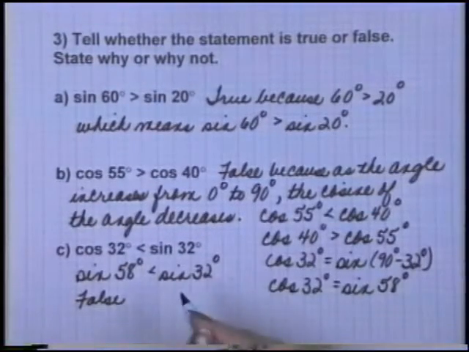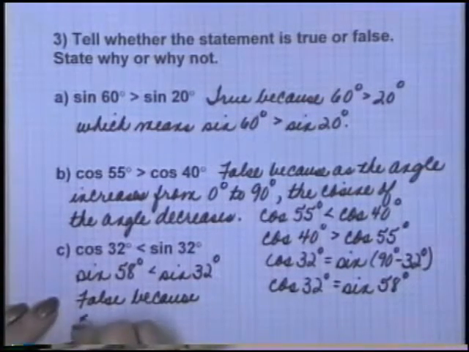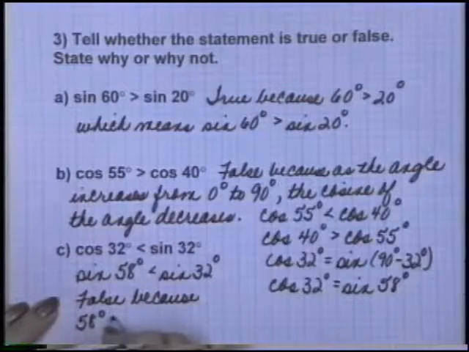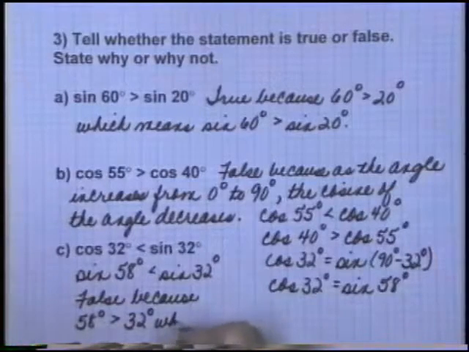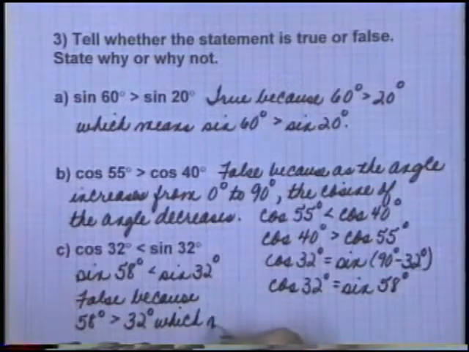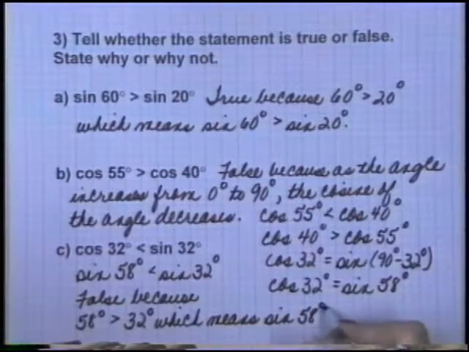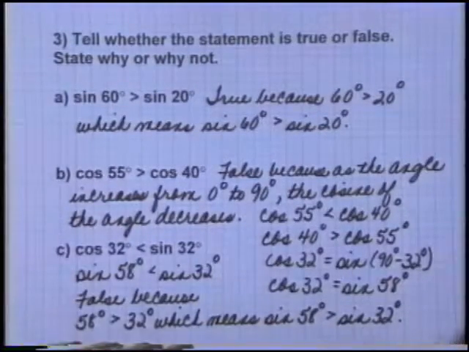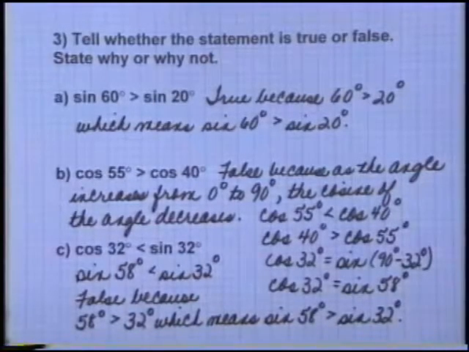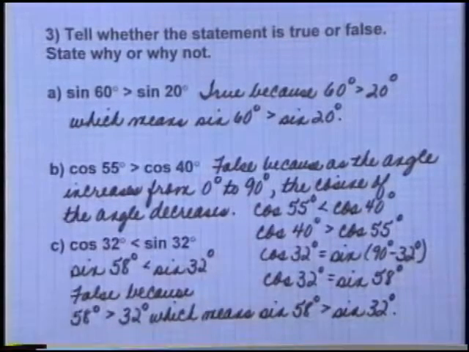So this would be false, because 58 degrees is greater than 32 degrees, which means the sine of 58 degrees is greater than the sine of 32 degrees, because the sine function increases as the angle gets larger from 0 degrees to 90 degrees.